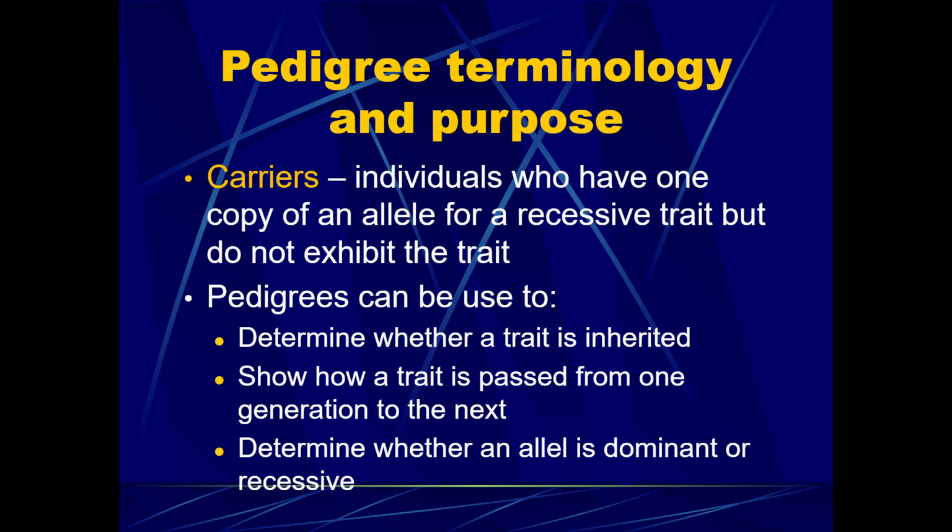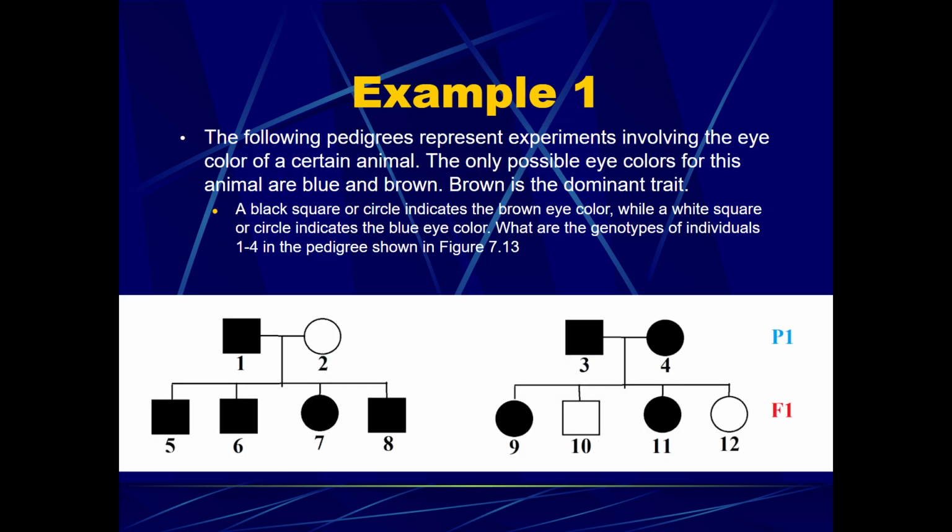So carriers are individuals in a pedigree who have one copy of an allele for a recessive trait, but do not exhibit the trait. So they're carriers of that recessive trait, especially if a trait is inherited recessively or shown in the homozygous recessive individual. Pedigrees are generally used to determine whether a trait is inherited, show how a trait is passed from one generation to the next, or even determine whether an allele is dominant or recessive.